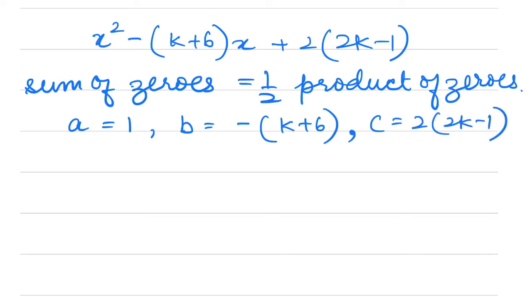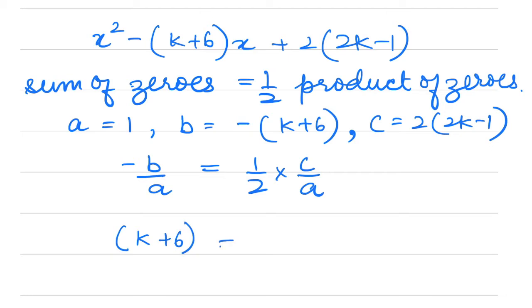Now sum of zeros is equal to minus b by a, and that is equal to half of product of zeros is c by a. So we'll substitute the values now. So minus b I can substitute as minus k plus 6. So minus minus becomes plus, and k plus 6.